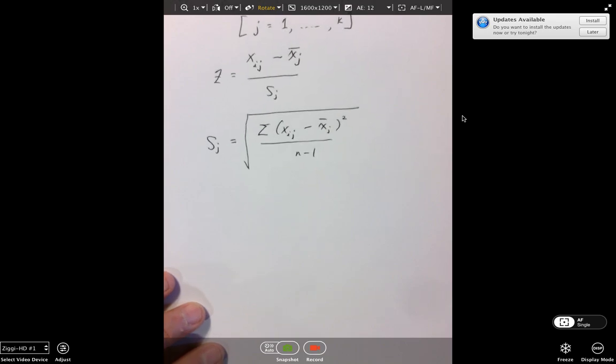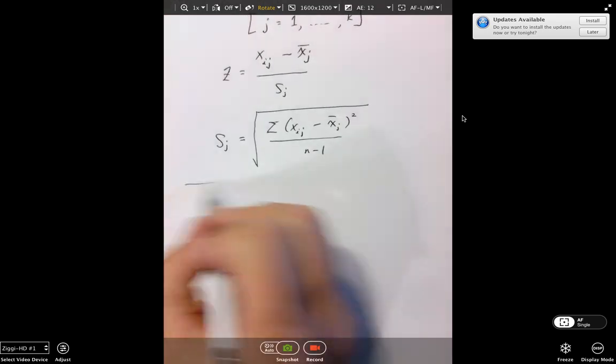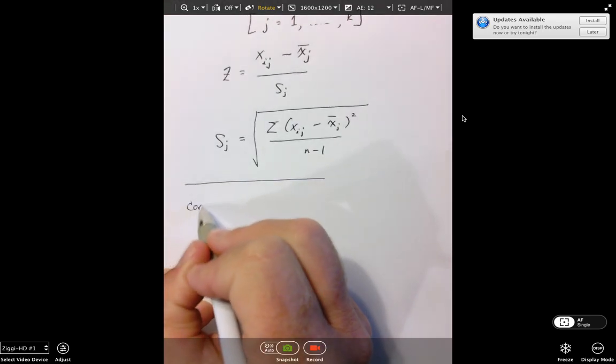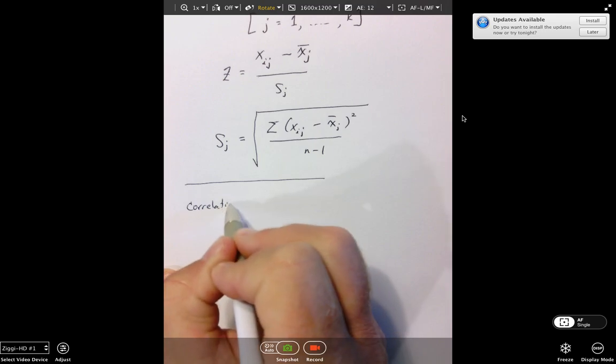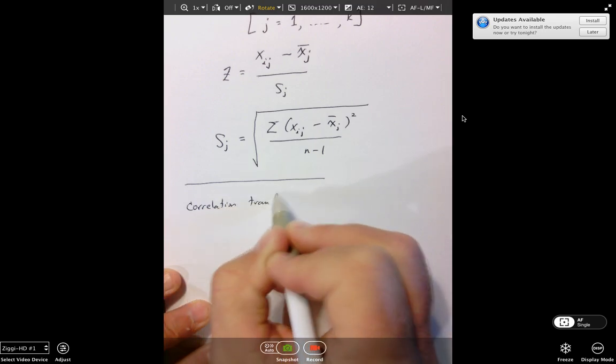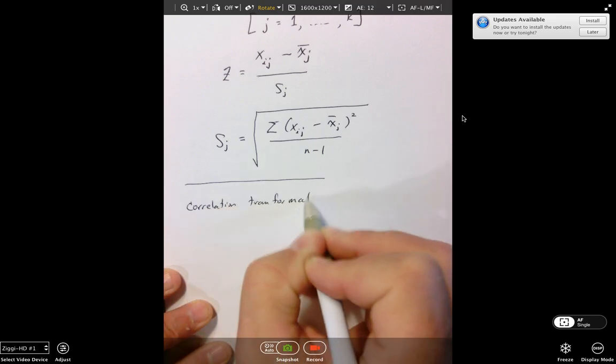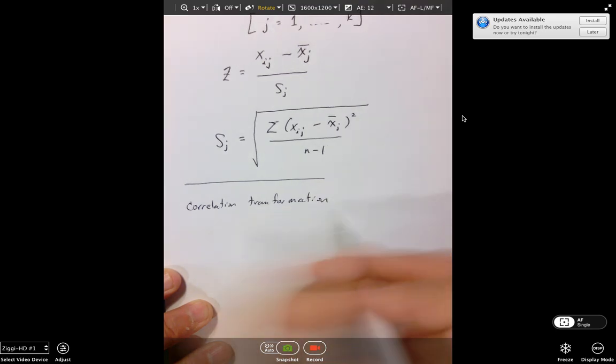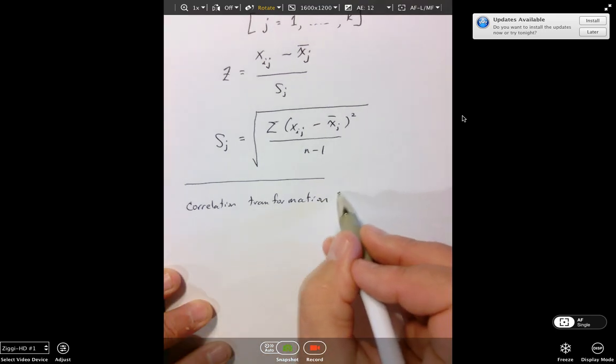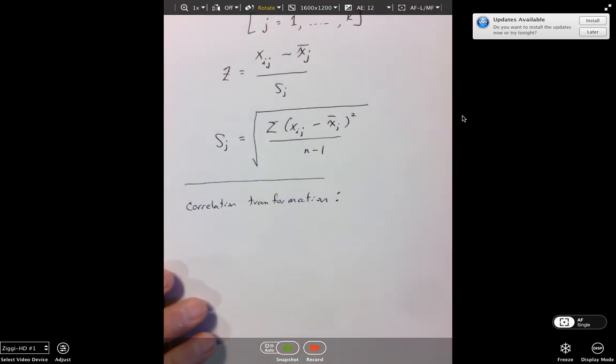Now this brings in what we call our correlation transformation. Guys, I'll tell you, the correlation transformation is not what SPSS uses.